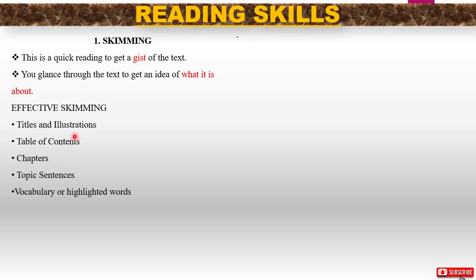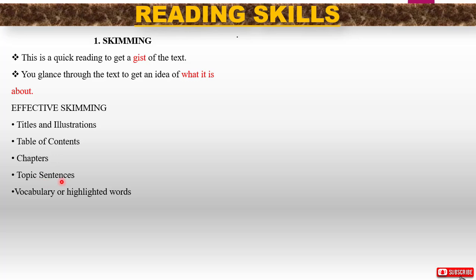You will look at the titles and illustrations. You can also look at the table of contents. If you look at the table of contents, it gives you an idea about what the text is about. If you are reading a voluminous book, then you can check the chapters. The chapters can also give you an idea of what the text is about. If you have a comprehension passage, you can check the topic sentences of each paragraph.